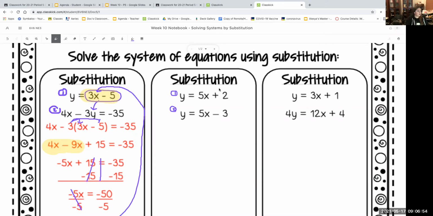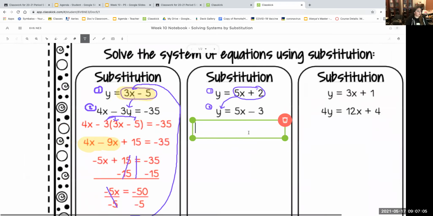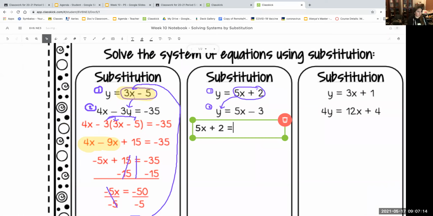No. So I'm going to take this one right here and plug that into this y. All that does is set them both equal to each other. So I'm going to have 5x plus 2. Thank you, Alexis. Equals 5x minus 3.